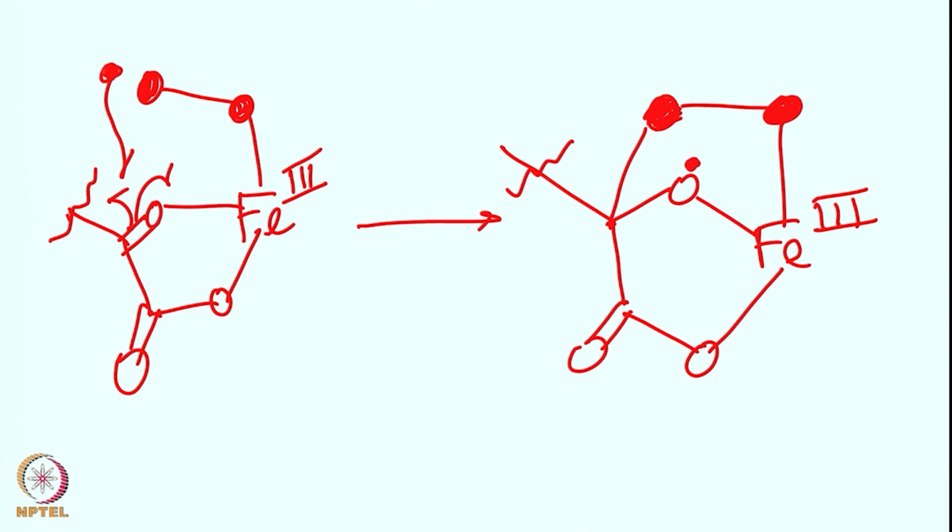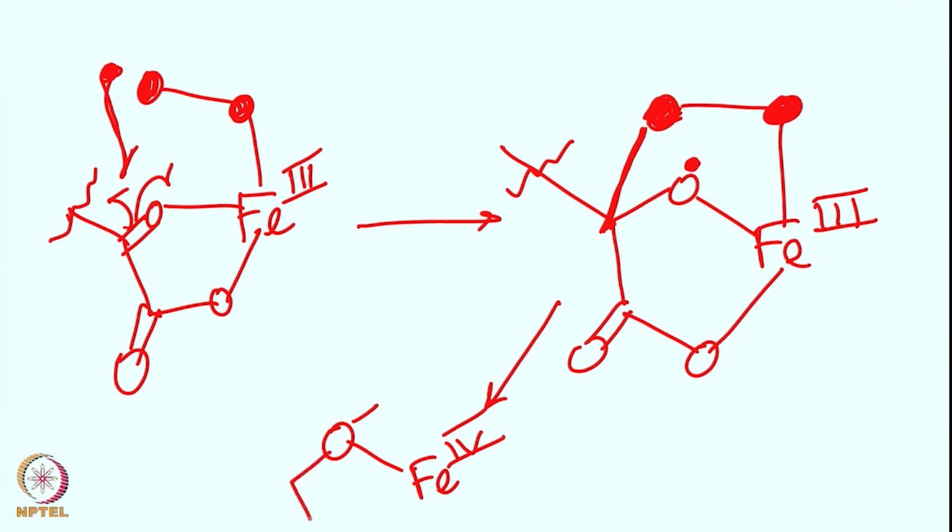So, this O dot over there is attacking and forming this radical, and that radical forms this bond, right. This is the new bond formed and this is the radical that is coming over there. This radical then picks up one more electron from this iron 3 overall to give you this center as iron 4, and this oxygen becomes O minus along with formation of this alkyl peroxo intermediate, right.